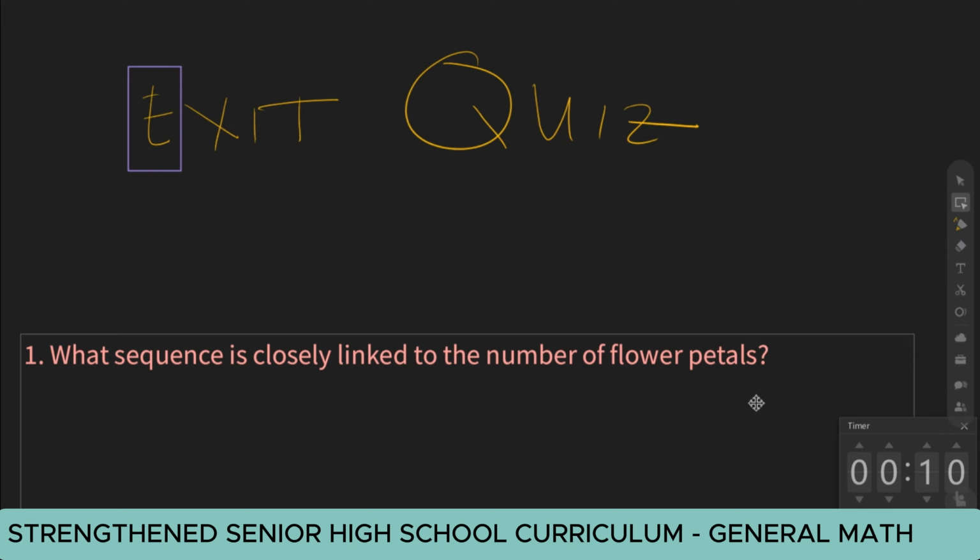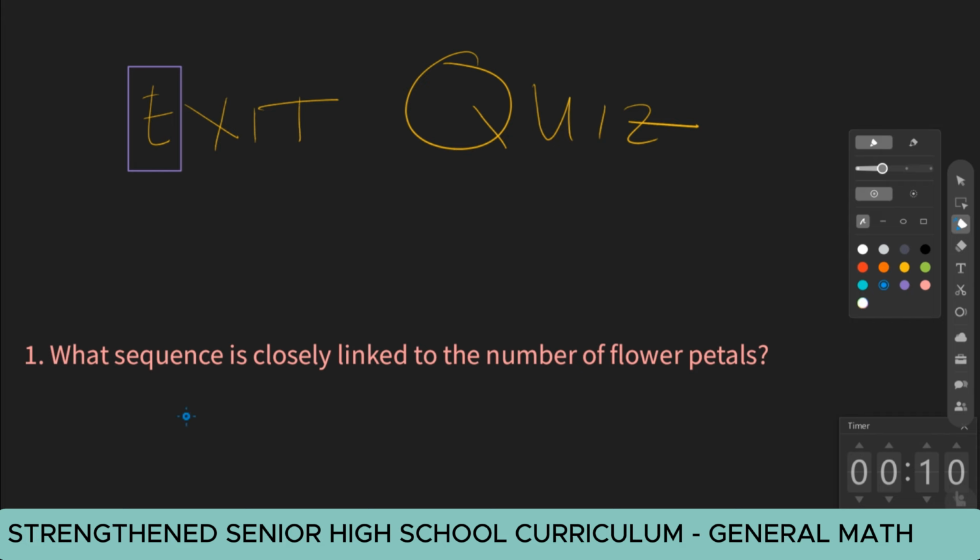So we have arithmetic, where the pattern is addition or subtraction, and another one is geometric, where the pattern is multiplication and division, and the last one is the Fibonacci. For the Fibonacci, you keep on adding the preceding term. So for this question, our answer is the Fibonacci sequence.